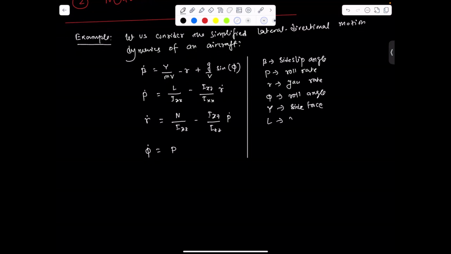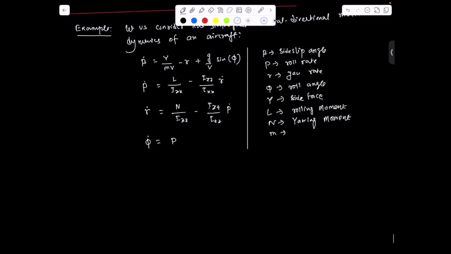L is the rolling moment, my mistake, this is the rolling moment. And N is the yawing moment. And m is the mass of the aircraft, total mass, and V is the velocity of the aircraft.